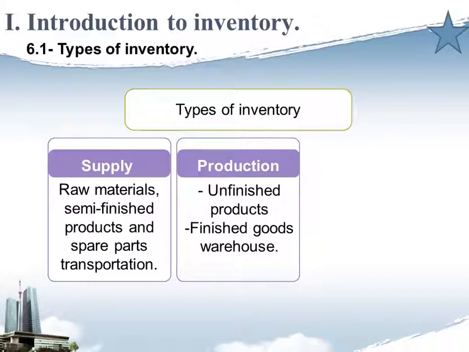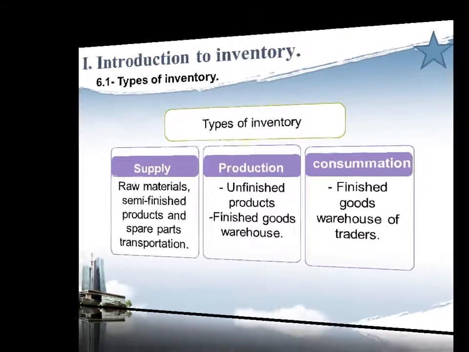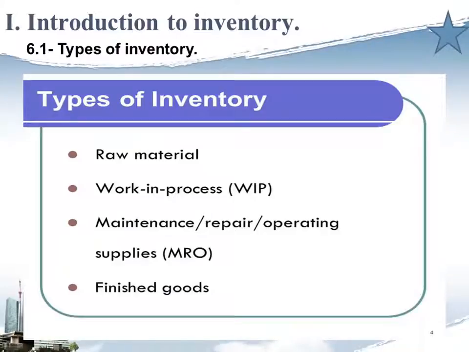The second, production, including unfinished products, finished goods warehouse, and the final consumption with finished goods warehouse of trader. The figure below is an example of types of inventory.